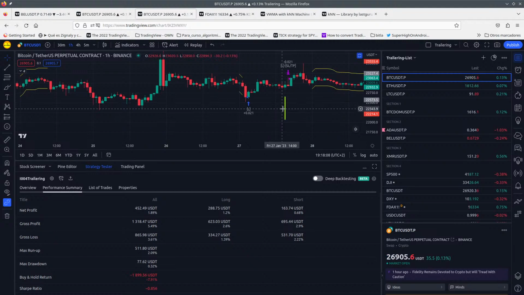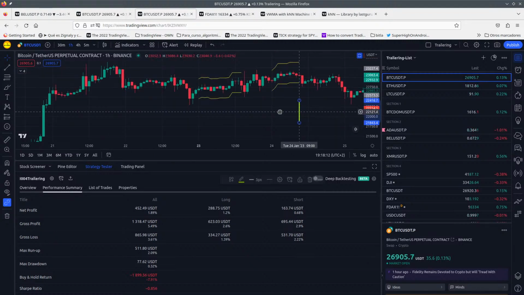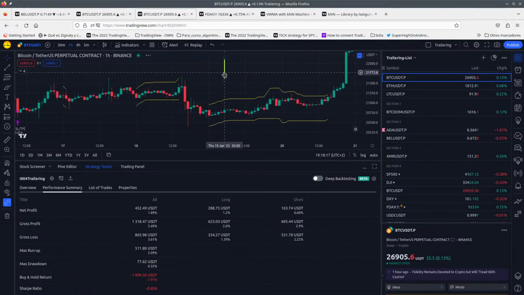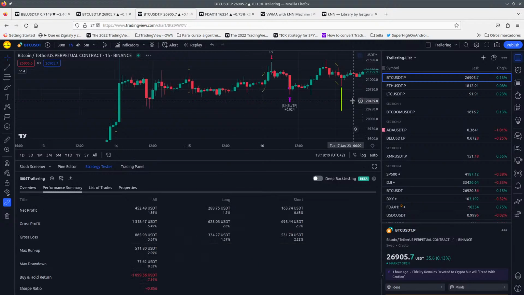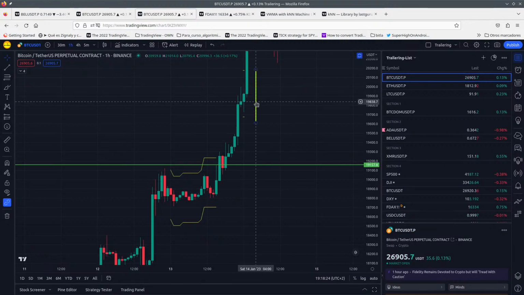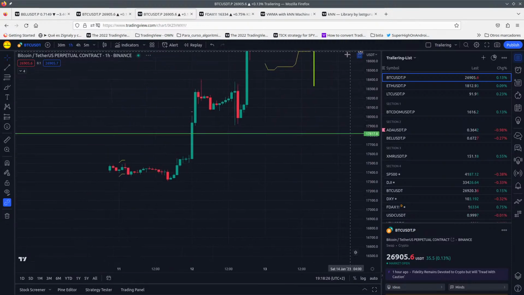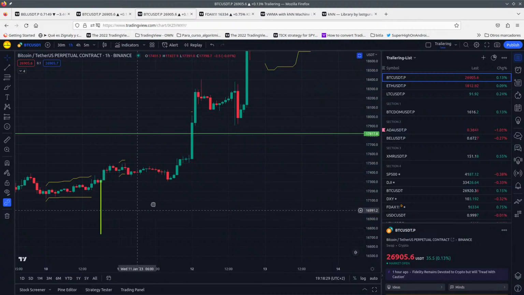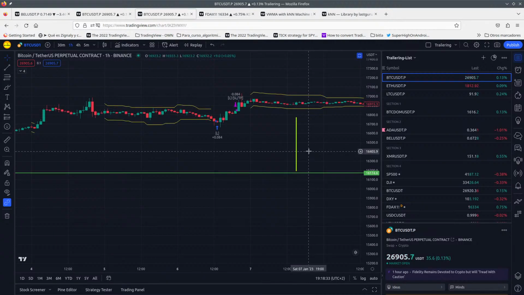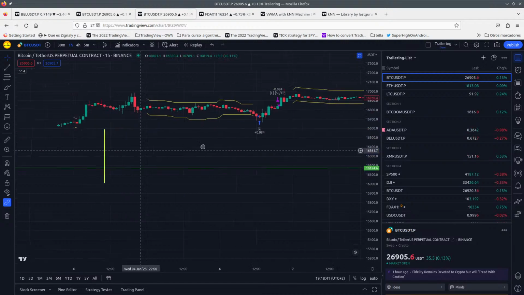Okay, let's try and see. Hopefully we can find more examples where we have this thing. Where is it? So where we have long trades. Okay, here it is. This is another one that we win, even if it's not something that we want.